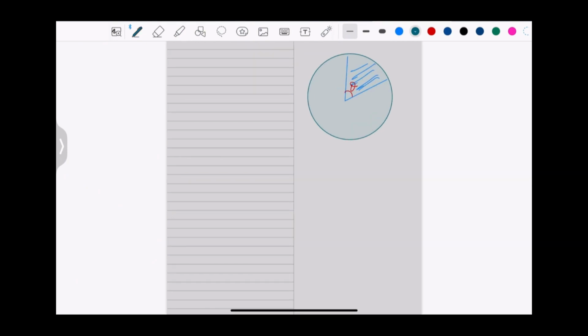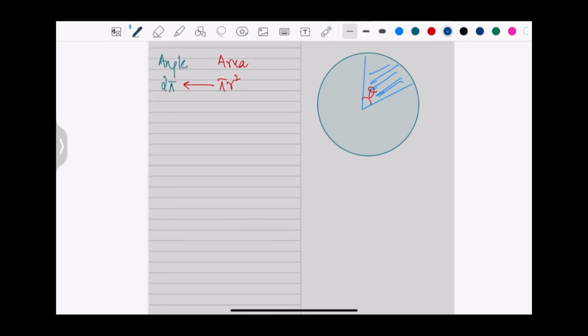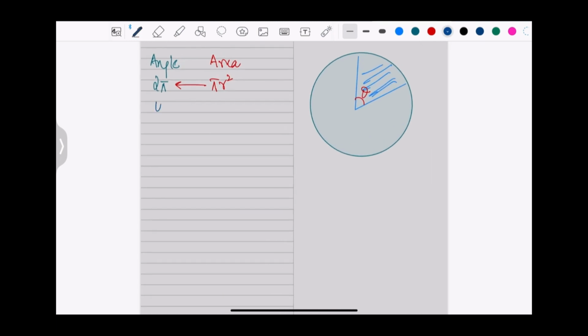In order to find the area of a sector, we know that when the angle is a complete rotation, 2 pi, the area of the sector, or the whole circle, is pi r square, because when the angle is a complete rotation, the whole circle comes into play. And if the angle is theta radians, we need to find the area for that.